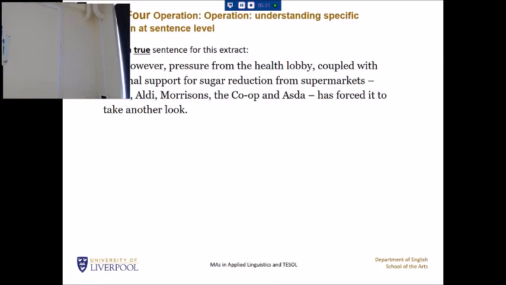Pressure from the health lobby coupled with national support for sugar reduction from supermarkets. So here, I want you to focus on the positive response from the supermarkets, because the supermarkets are responding positively to the problem, and write a paraphrase on that. Okay? So back over to you, see what you can do with that.